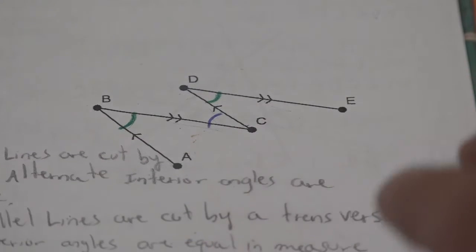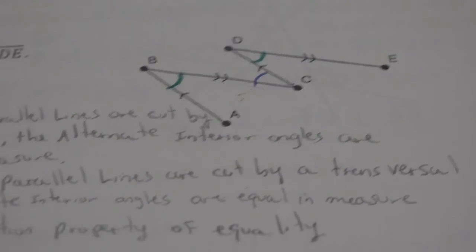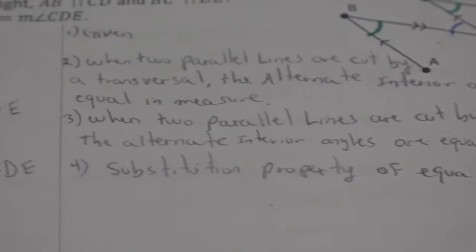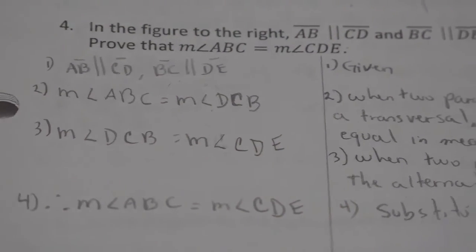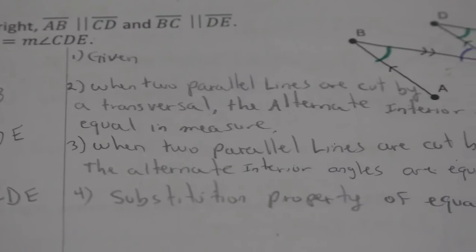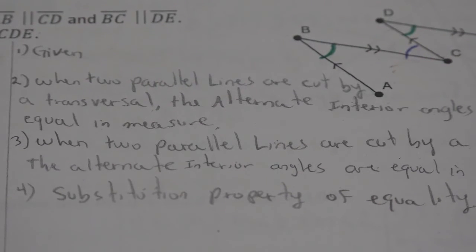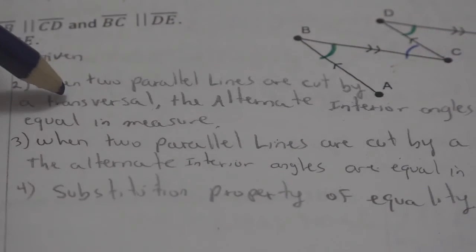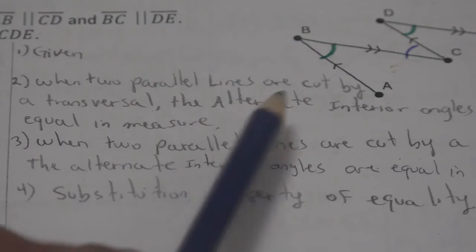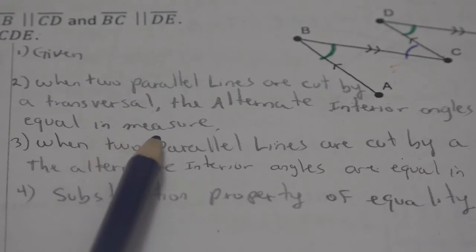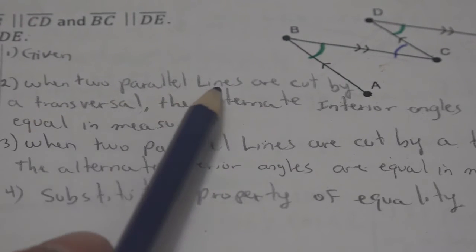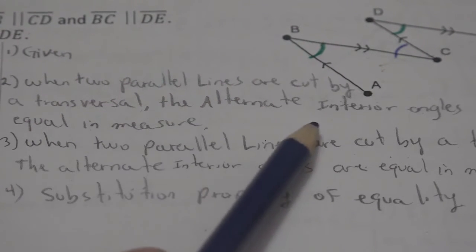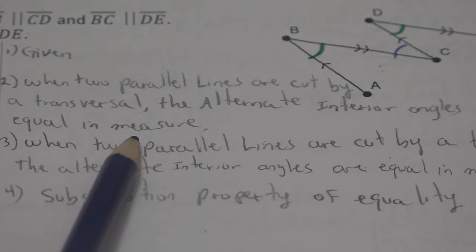Now, why are they congruent? Well, when you write your reason, the second one was that these two angles were congruent, and I'll just show you which ones. Well, the reason being is that when two parallel lines are cut by a transversal, the alternate interior angles are equal in measure. Okay? When two parallel lines are cut by a transversal, the alternate interior angles are equal in measure.